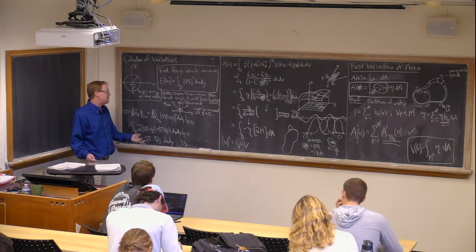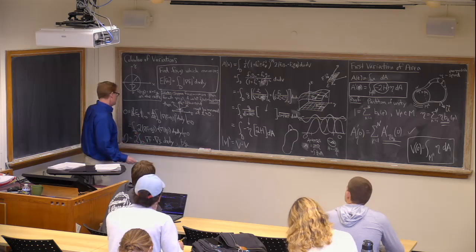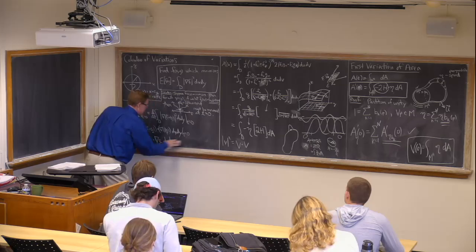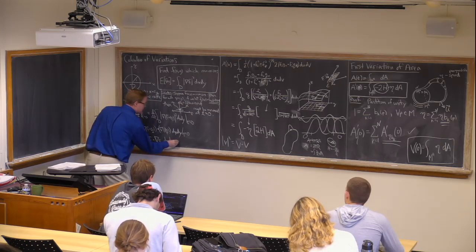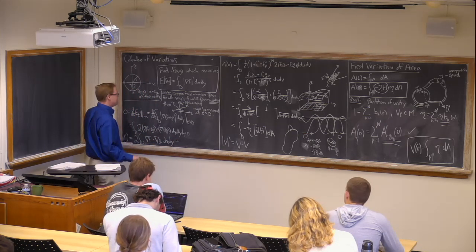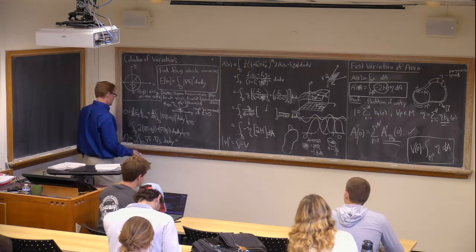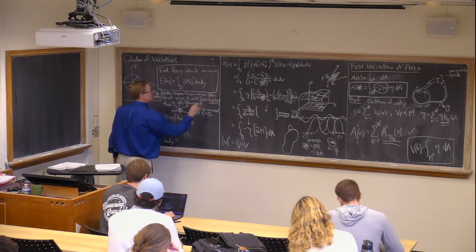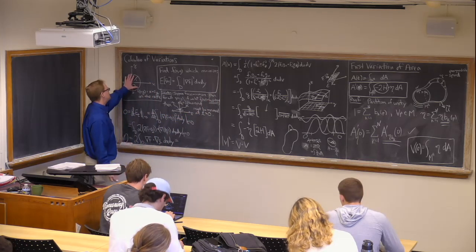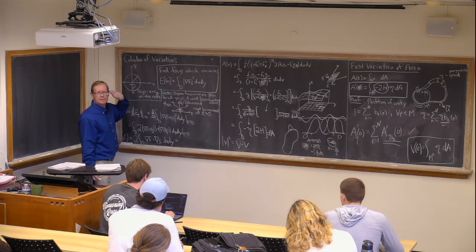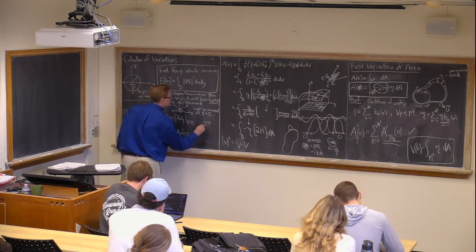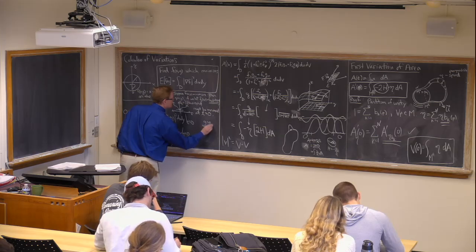Well, so far it's not obvious what to do with this until you integrate by parts. Because when you integrate by parts, or use Green's theorem, or actually the divergence theorem is what we're using here. And what we're going to do is, let's go ahead and assume that g is 0 away from the boundary, so there's no boundary term.